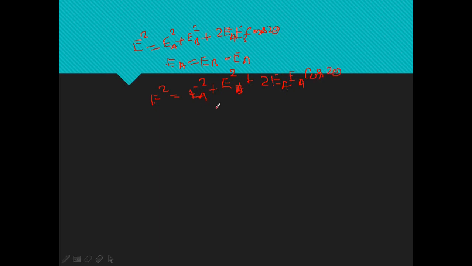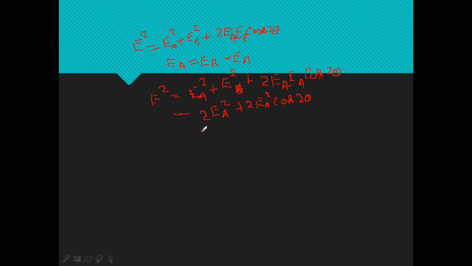2 theta. Clear, student? Now this is equal to 2 times EA square plus 2 times EA square into cos of 2 theta. Clear, student?